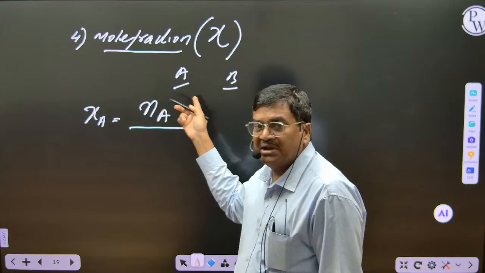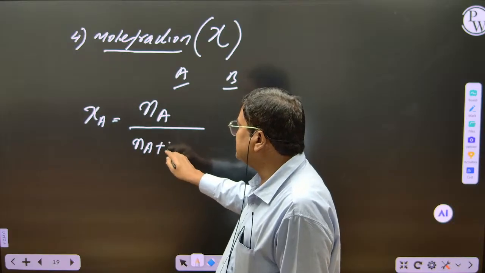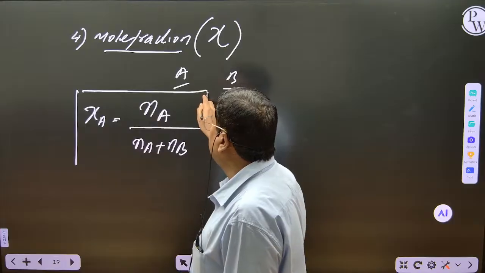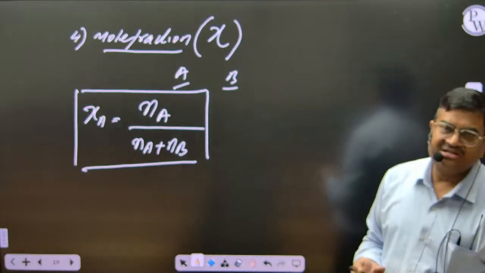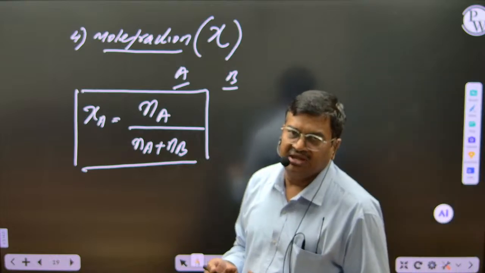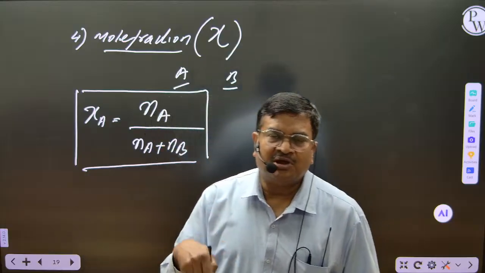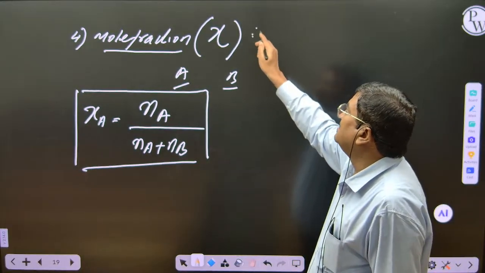What are the two components here? A and B. So what should I write? Number of moles of A plus number of moles of B. That's all. Hence, what do we define for mole fraction? It is the ratio between the number of moles of one component and the total number of moles of all the components in the solution.